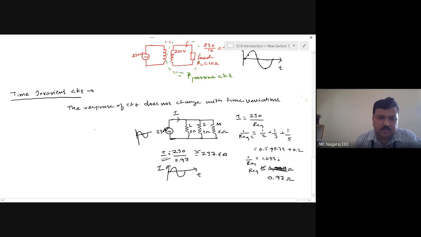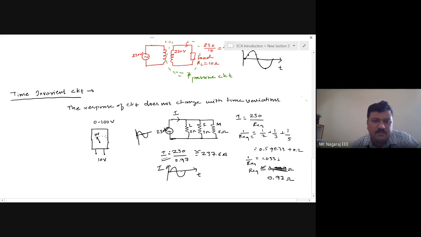One more example to take: a voltmeter. This is a very simple example I used to give every time, because time invariance comes in many aspects. Now I have a voltmeter which can read from 0 to 100 volts. Today I will apply 10 volts. What will the voltmeter show? 10 volts.